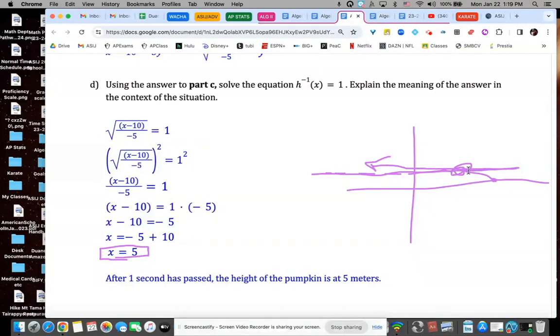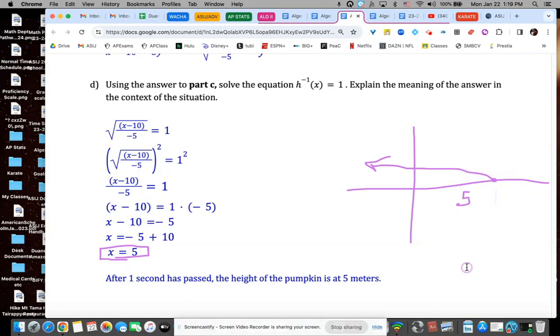And what we're looking for is this intersection. We're saying what x value shows me where that intersection is. Okay, so that would be 5. So at a time of 5, this was 10, remember? So at a time of 5, the height would be right at 1. Whoops, I'm a little off there. Right, that's kind of the idea.